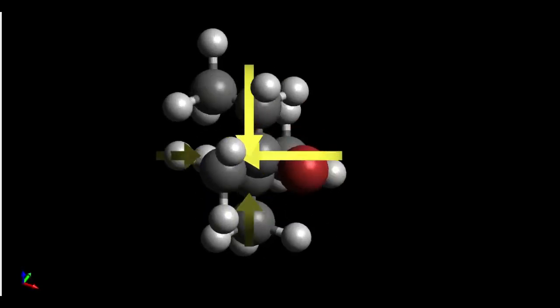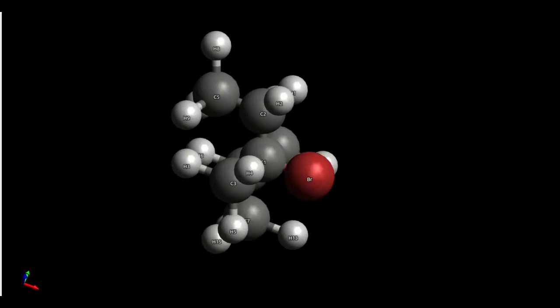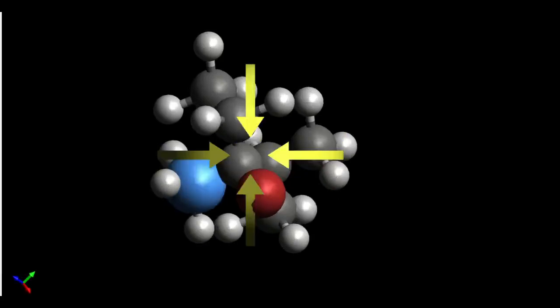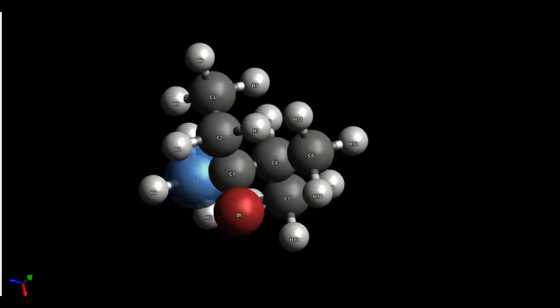So here it's the same molecule where you have this carbon, which is the chiral carbon. On this carbon, you have an ethyl group, you have a methyl group, and then you also have an isopropyl group attached.